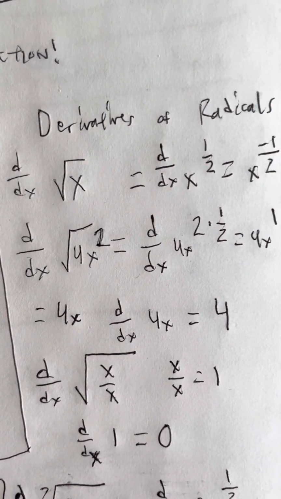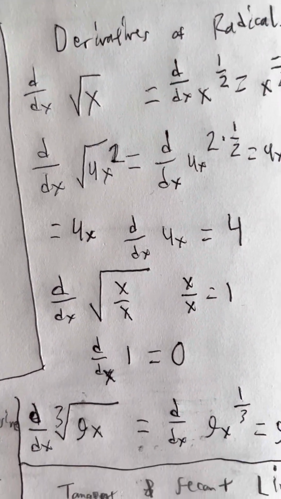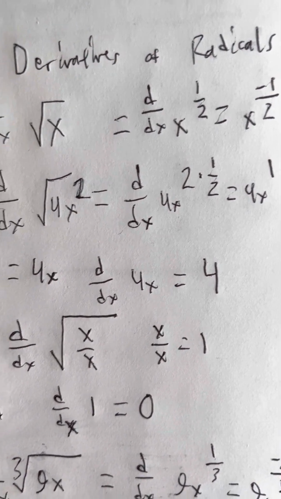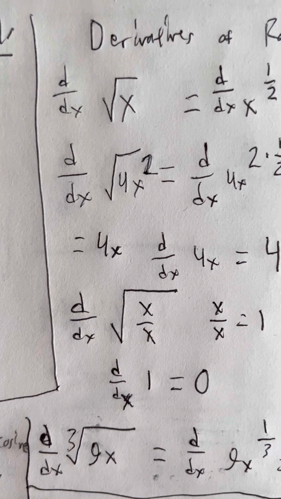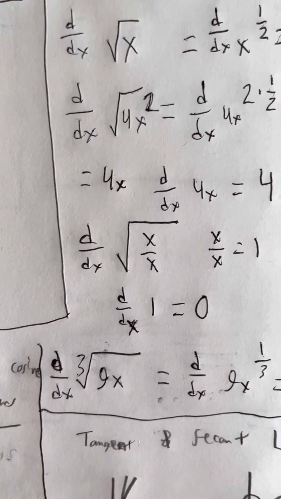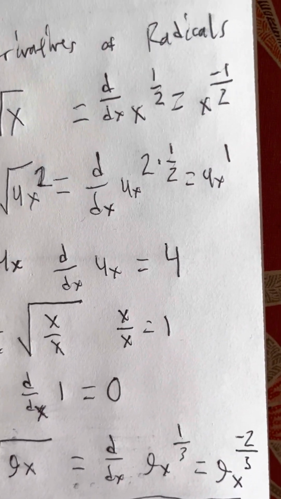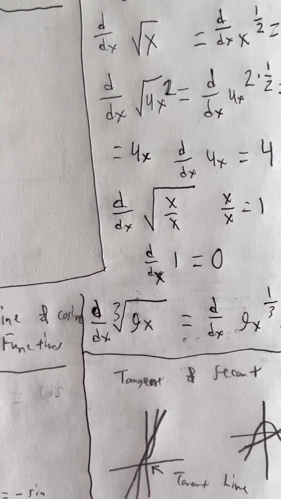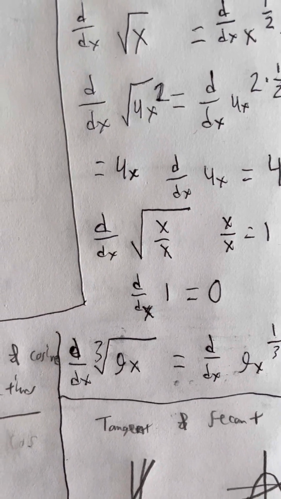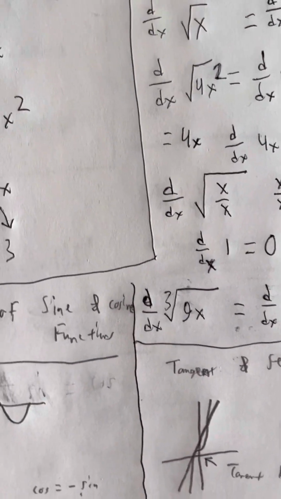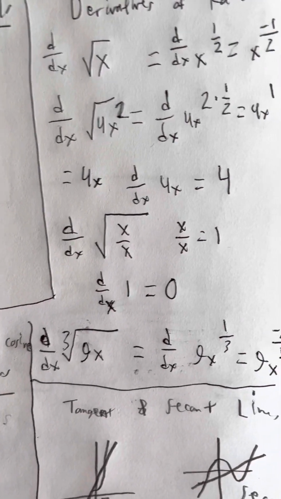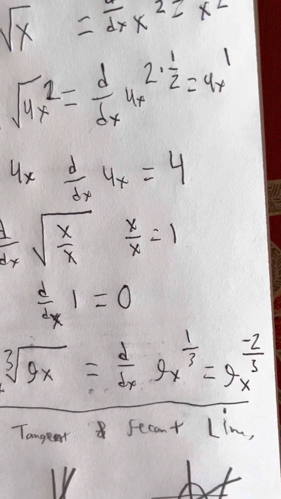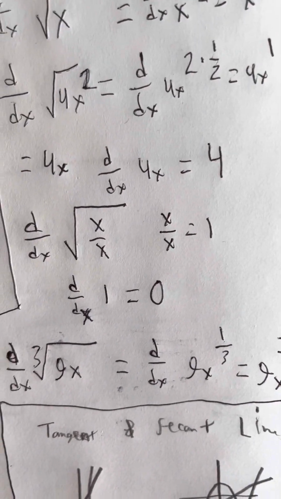That means it's 4x, simply. d over dx 4x equals 4. d over dx of x equals 1, so d over dx of 1 equals 0. When you're doing a constant, that just makes it a 0. It's part of the heat equation you'll learn later on. d over dx of the cubed root of 9x, 9x to the 1/3, 9x to the negative 2/3 as a result.